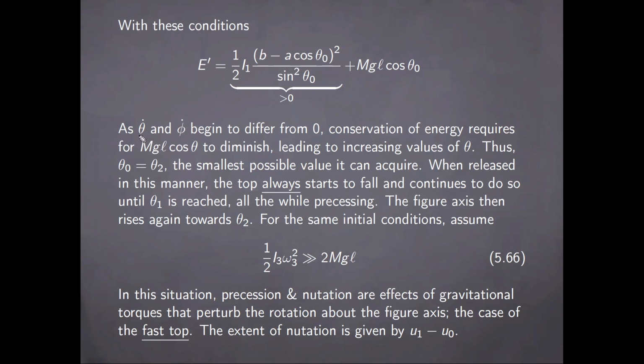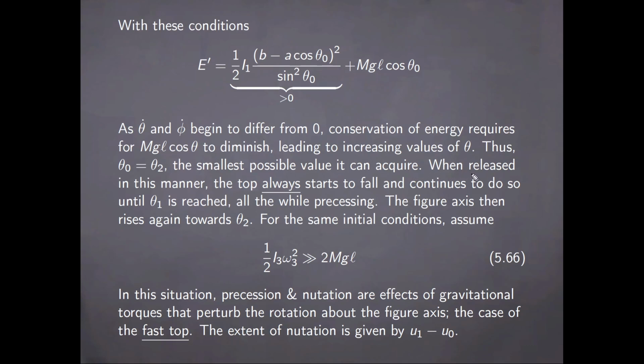So as the time derivatives of theta and phi begin to differ from 0, the conservation of energy will thus require that the potential energy diminishes, which further implies that the values of the angle theta must increase. In conclusion, the value of theta 0, equal to theta 2, is the smallest possible value that this angle can acquire. After that, it always has to increase in order for the energy to be conserved.